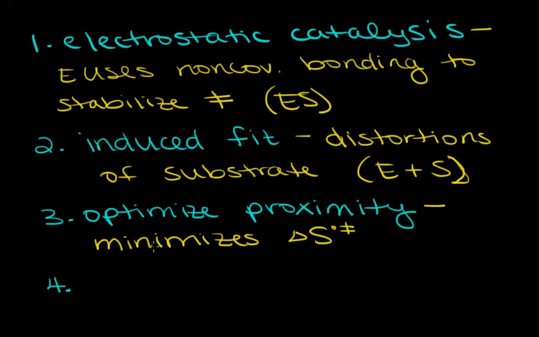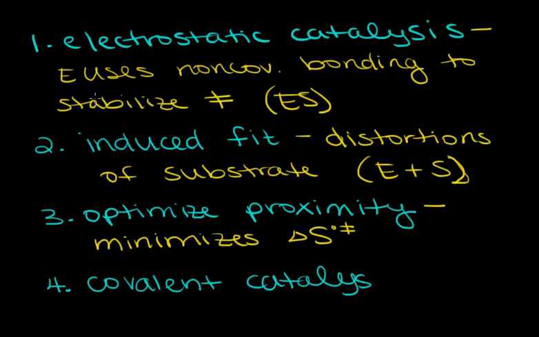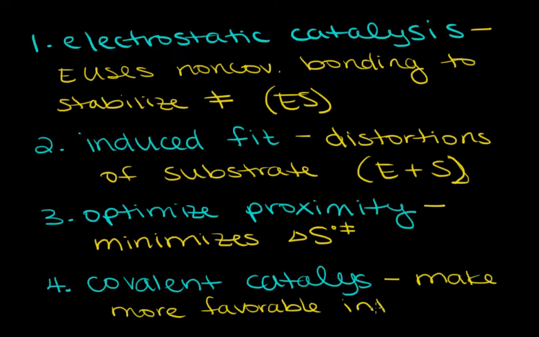And then finally 4, something called covalent catalysis. And what this means is that when the substrate is bound, the enzyme is able to make different intermediates, make more favorable intermediates, in order to sort of push the substrate intermediate.